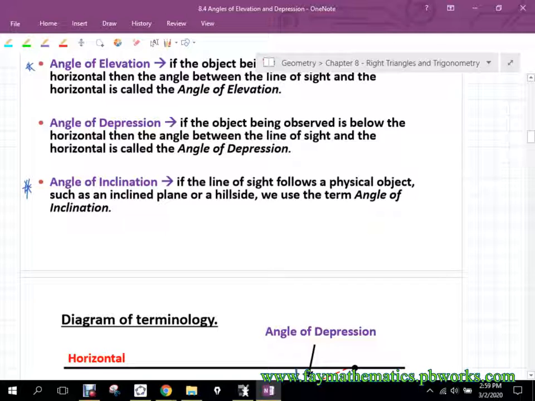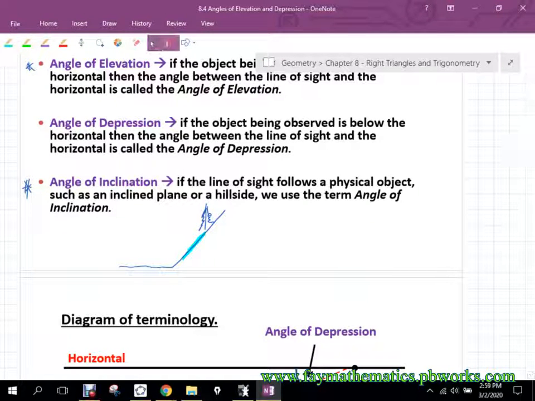Does that make sense? A picture of a problem we would often see: say we've got flat land, but then it turns into a hillside, and on that hillside maybe we've got some trees. I want to find the height of that tree based off the shadow of that tree.